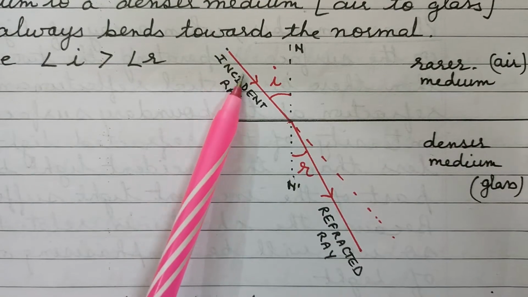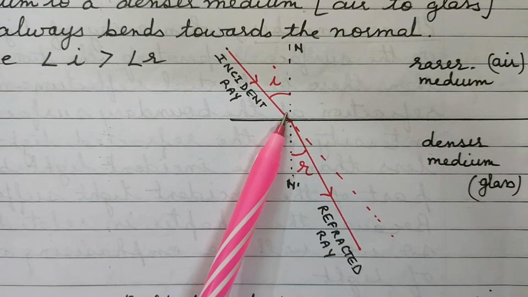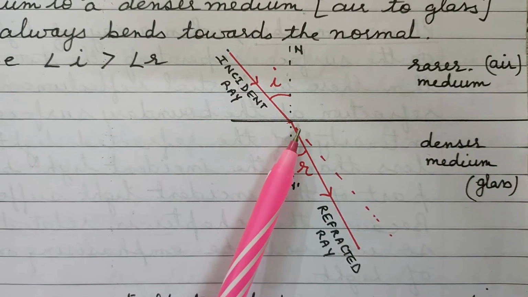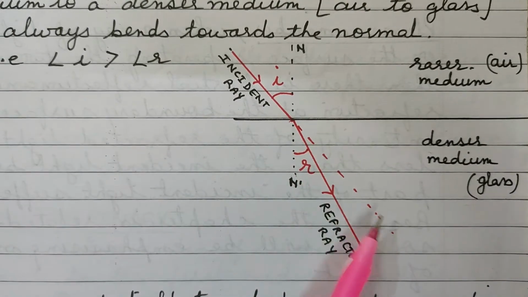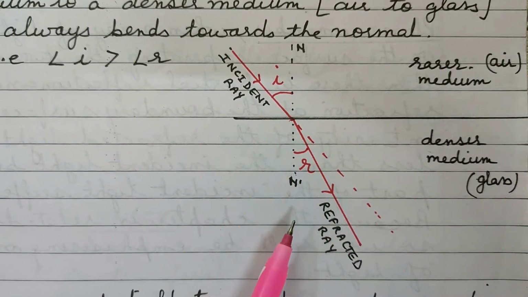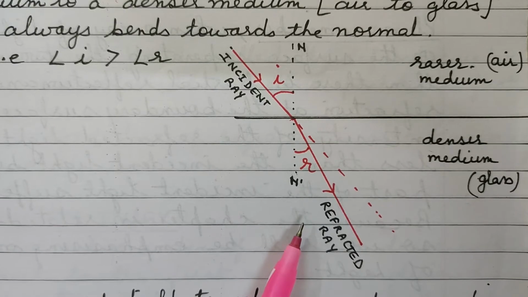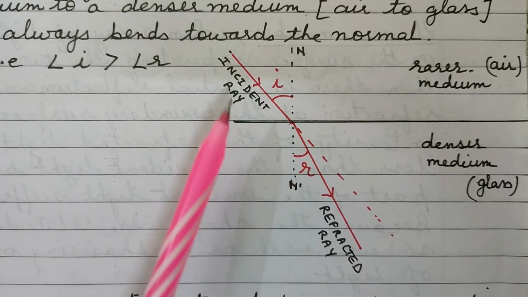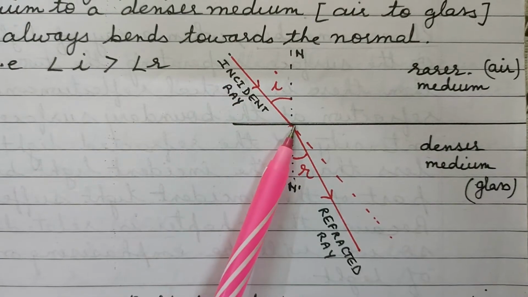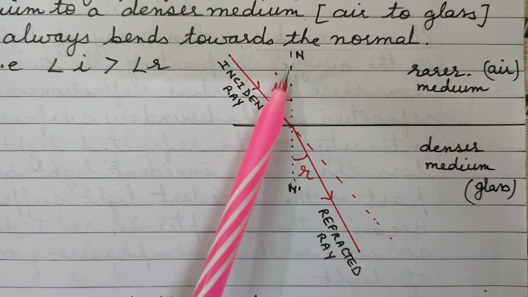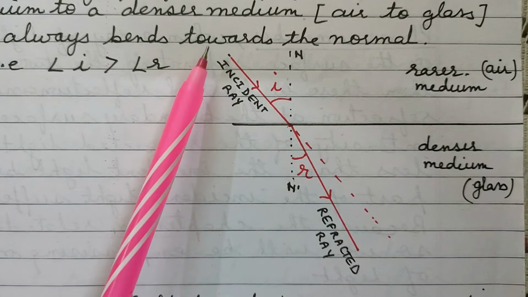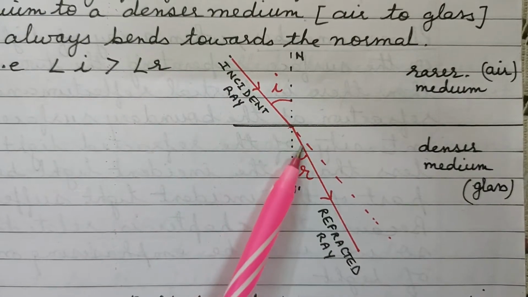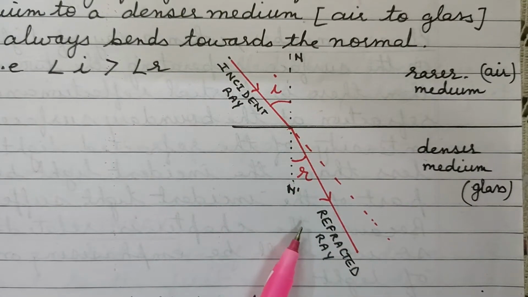The ray would have gone straight if there had not been any change in the medium. But because there is a change in the medium from air to glass, the ray of light bends towards the normal. This is the normal I have drawn.